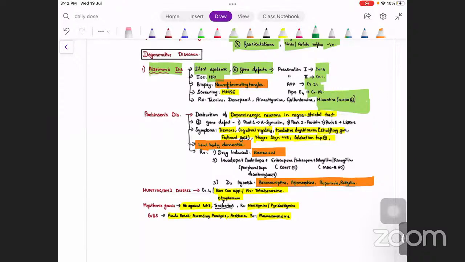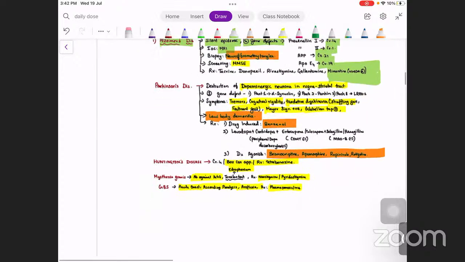Symptoms: tremor, cogwheel rigidity, shuffling gait or festinant gait, Myerson sign positive and glabellar tap positive. Treatment: for drug-induced, benzhexol; levodopa, carbidopa, entacapone, tolcapone, and rasagiline or selegiline. All their mechanisms we have discussed.